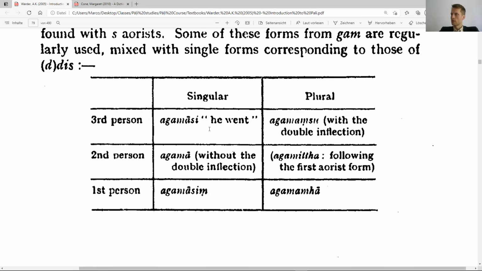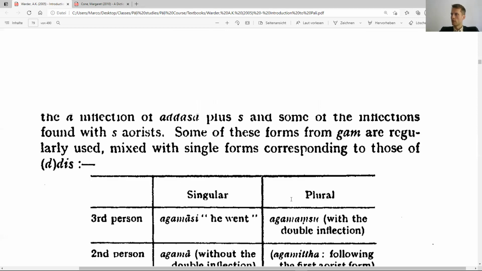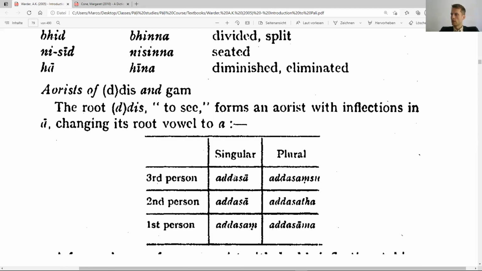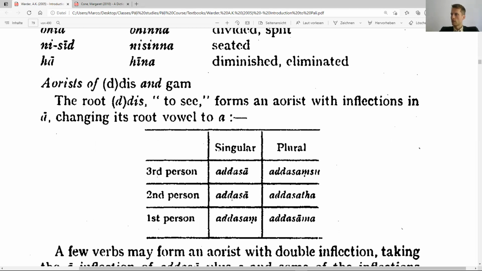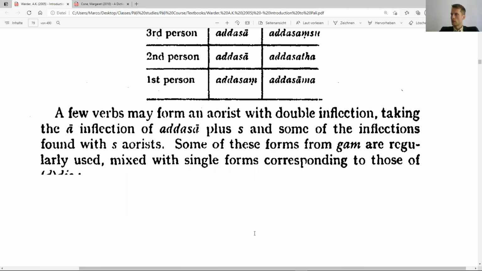So agamasi, he, she went, agamangsu, they went, agama, you went, agamitta, you went, plural, agamasing, I went, agamamha, we went. Same here. He, she saw, they saw, you and you saw, I saw, we saw.